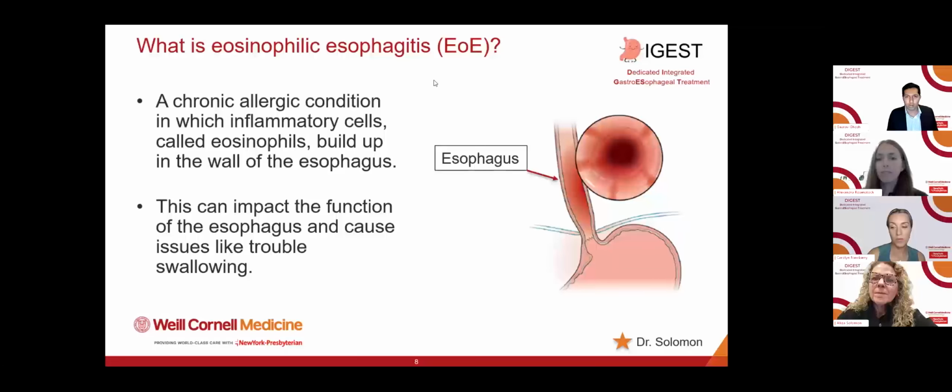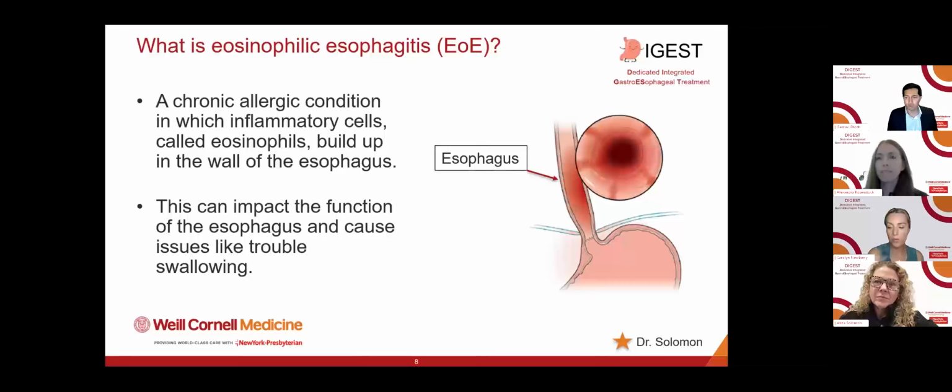That's a really great and clear explanation of what EOE is. Just to weave in a question that we received earlier. There was a question about what is the relationship between GERD, gastroesophageal reflux disease, and EOE. GERD is an inflammatory condition where acid is coming up from the stomach into the esophagus.